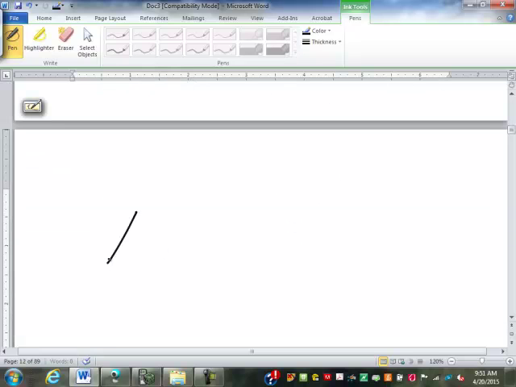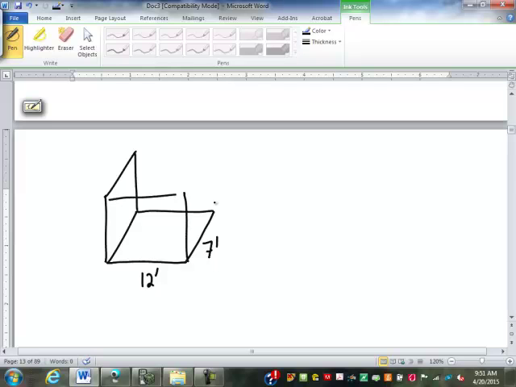So if I have a base, and again, this is actually a rectangle. I'm just drawing it with the angles because you're kind of looking at it in 3D here. So let's say I have a base that is 12 feet by 7 feet, and I pull it up 10 feet tall. I want to find its volume.